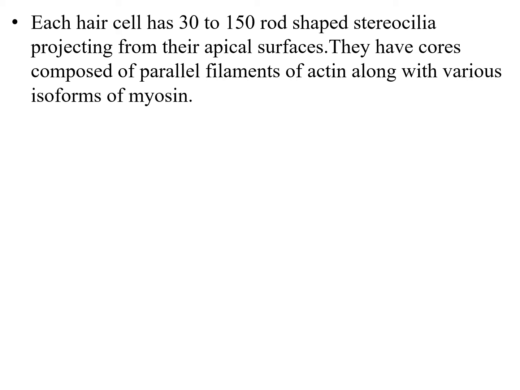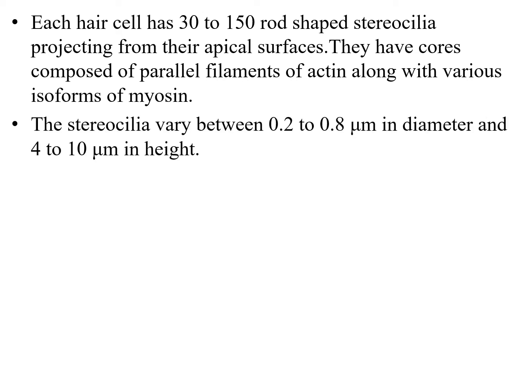These stereocilia have cores composed of actin-myosin filaments. There are parallel filaments of actin along with various isoforms of myosin. These actin-myosin filaments give these cilia the ability to move. Now, these stereocilia are not uniform in nature.